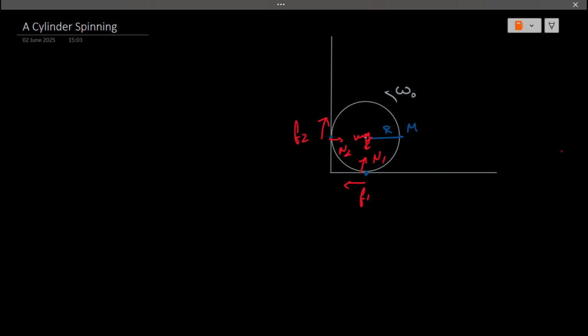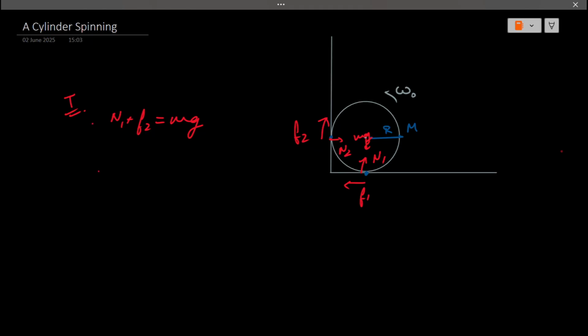So for now we know that the system is in translational equilibrium, so we'll have two equations if we balance the forces in the vertical and the horizontal directions, right? In the vertical direction, we have N1 plus F2 is equal to mg.